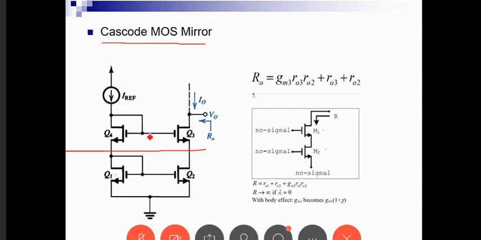For our purposes, when we see something like this, if I have I reference feeding into two diode-connected transistors instead of one, and then on the other side I have two transistors that are mirroring the current, immediately I can assume that this point is a DC bias for purposes of my circuit, and this point is a DC bias for purposes of my circuit.